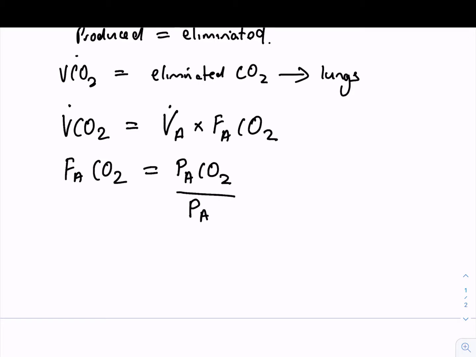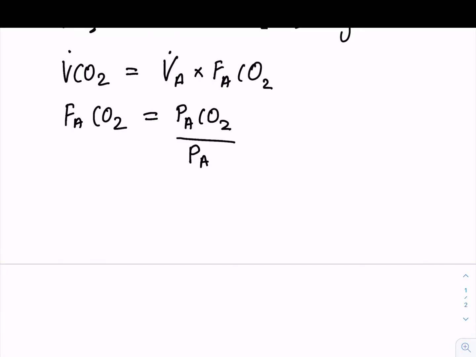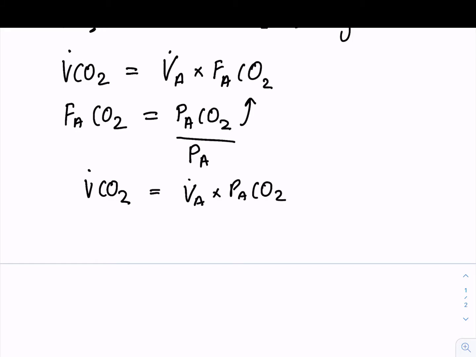pressure within the alveolus. So if we input this equation into here, then we see that the amount of carbon dioxide produced, or V dot CO2 in mils per minute, equals the alveolar ventilation, essentially what we're breathing per minute in mils per minute, times PaCO2, which is the alveolar partial pressure of carbon dioxide, divided by the total pressure within the alveolus.